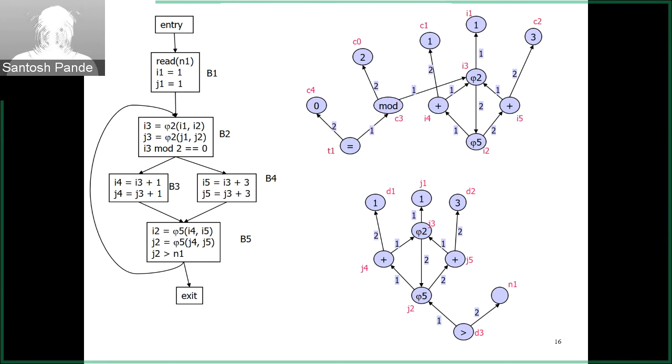Now, if you apply this algorithm here and work out through some details, first of all, you will put all four pluses, I4, I5, J4, J5, in the same equivalence class, and then we'll iterate and prove that in this particular case, I4 and J4 will be equivalent, I3 and J3 will be equivalent, J5 and I5 will be equivalent, and J2 and I2 will be equivalent.